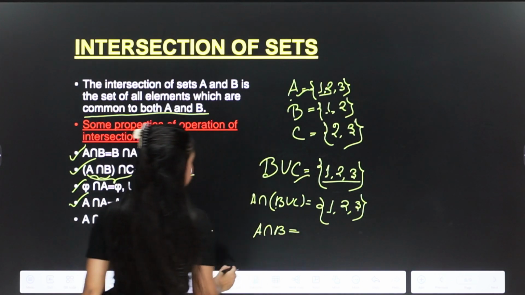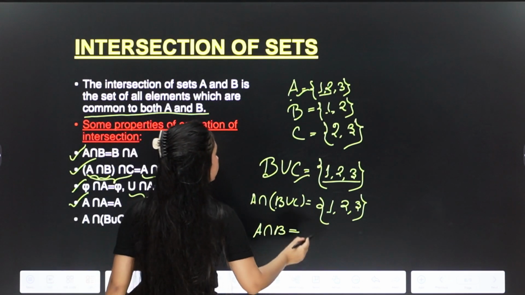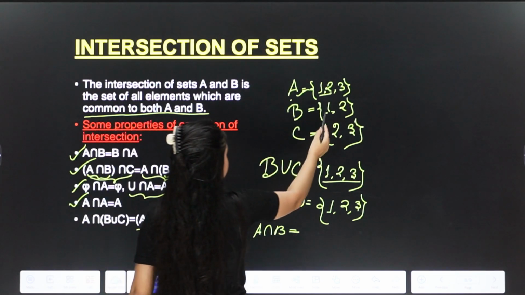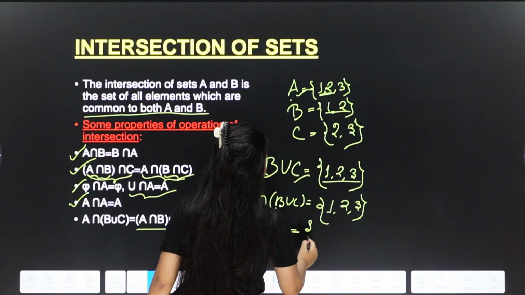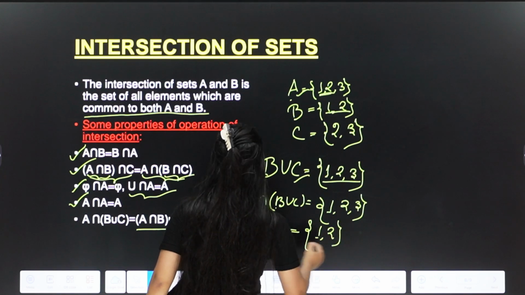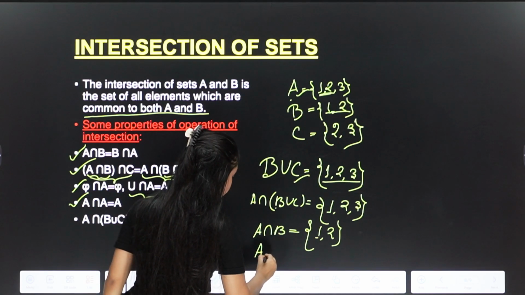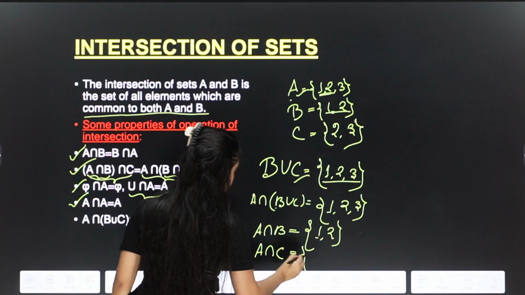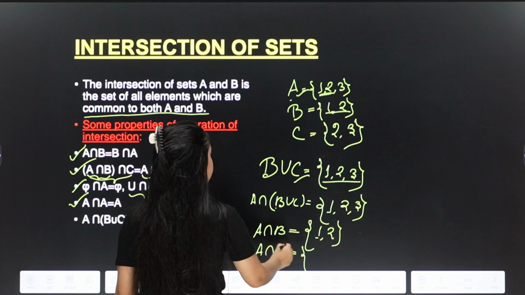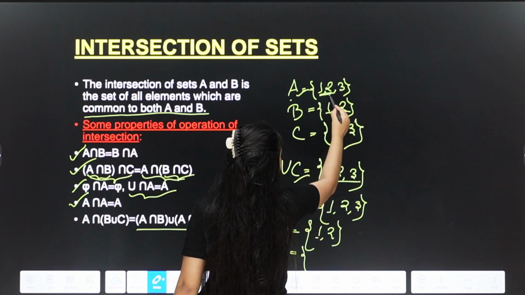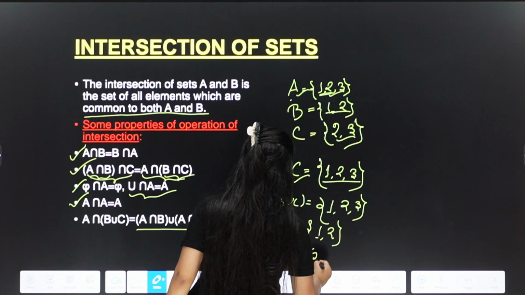The element present in both A and B. That is 1, 2. Again, we will find A intersection C. Then A intersection C is the common element present in both A and C. That is 2, 3.